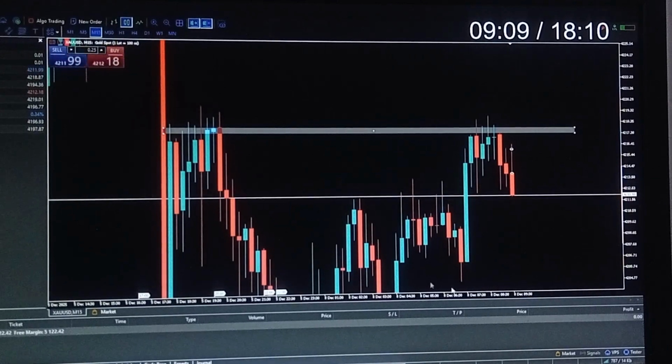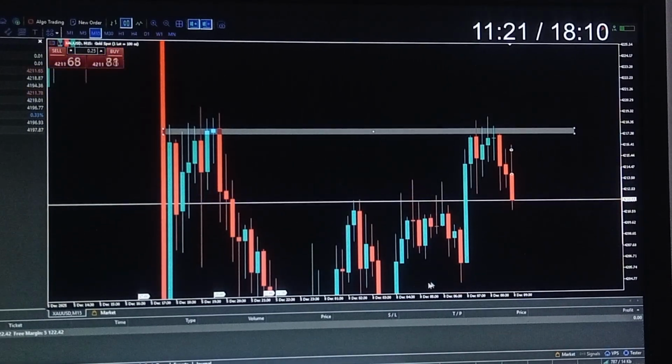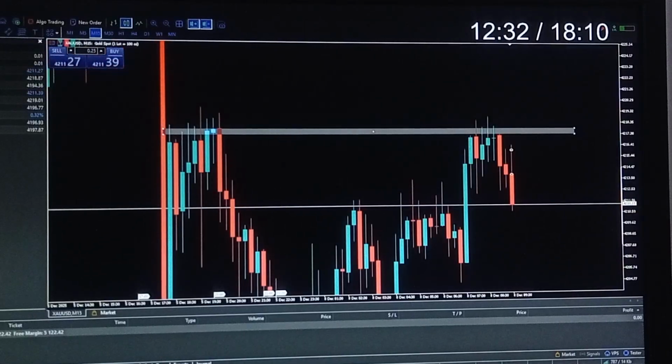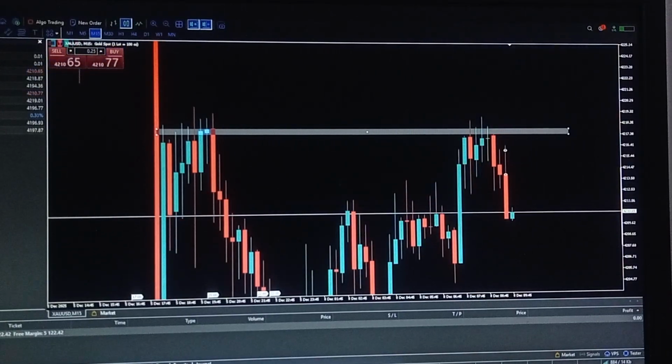And then it went to my target, as you saw in the trade which I took. It smashed all of my TPs after taking my stop loss. So this was the trade for the day.